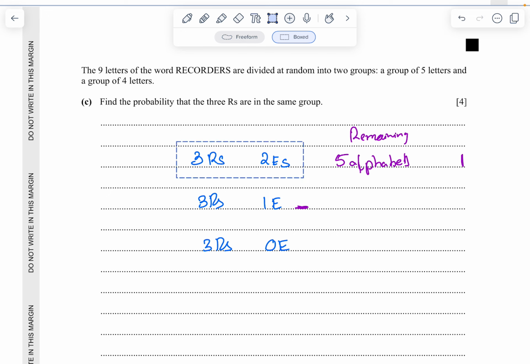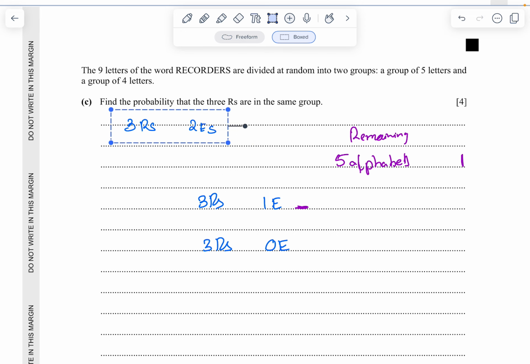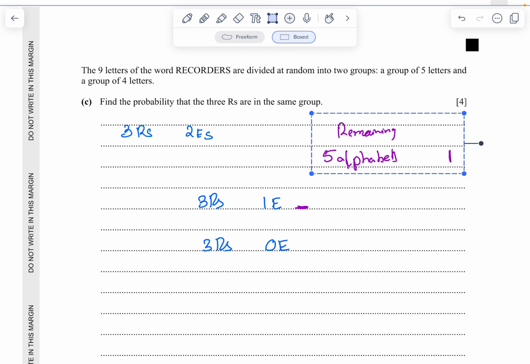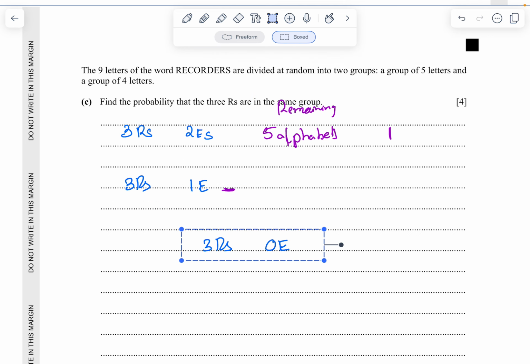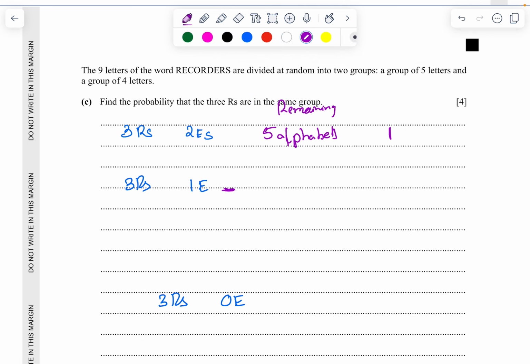So let's write neatly over here. This is for 3 R's. Now I will do it for 3 R's and 1 E. That is the first group, and the other group should be 1, 2, 3, 4.